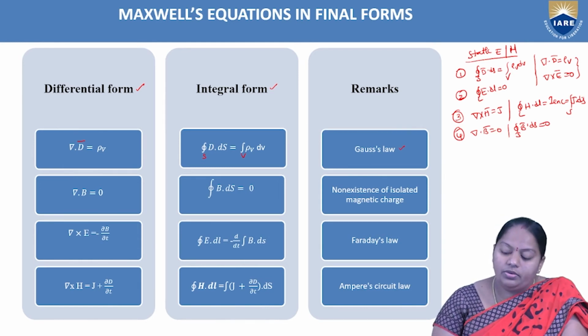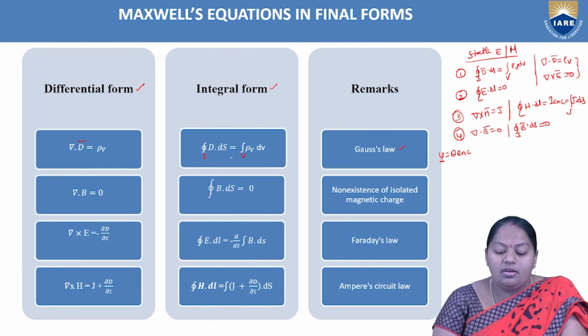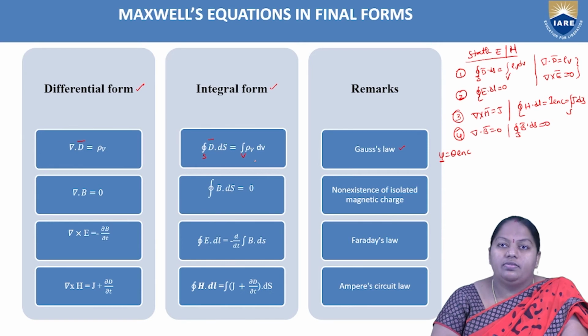According to psi equal to q enclosed, the psi must be expressed in mathematical form, and the integral form of that equation is closed surface integral S D dot dS is equal to integral V rho V dV.